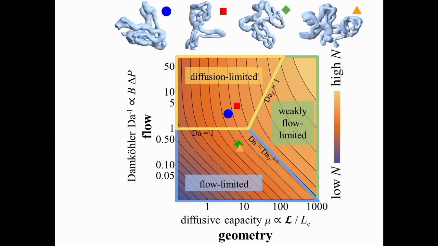But we can also discuss with this framework passive transport of other solutes. We've identified carbon monoxide and fructose, for example, to be strongly diffusion limited, and anesthetic gases to be strongly flow limited.